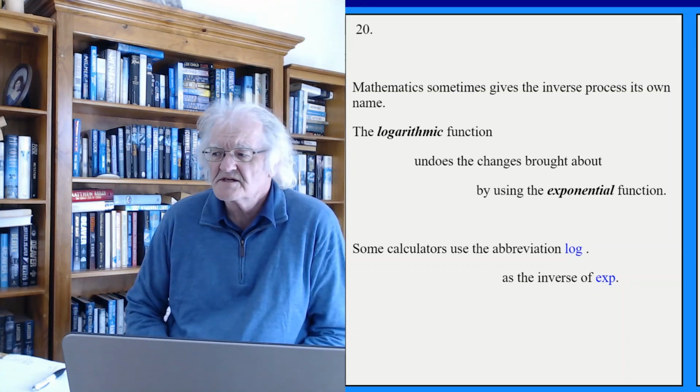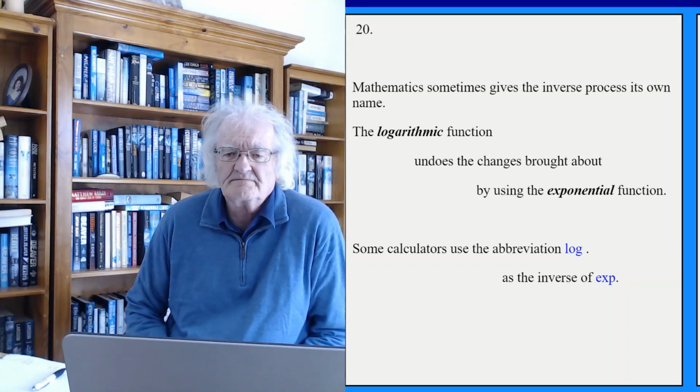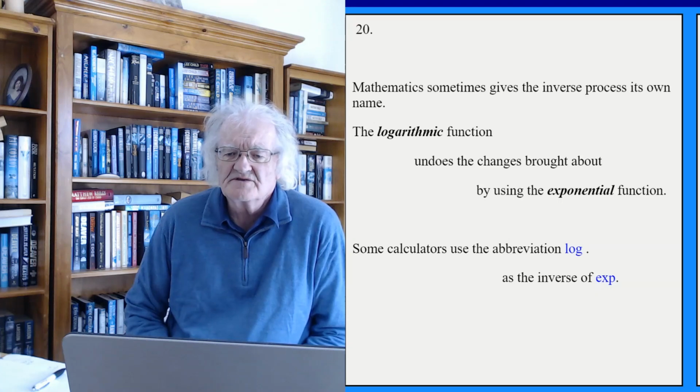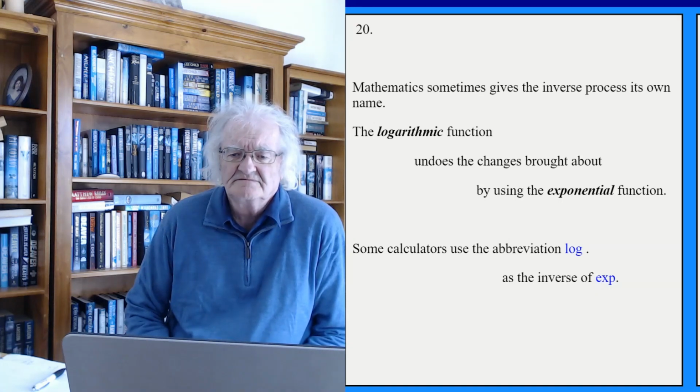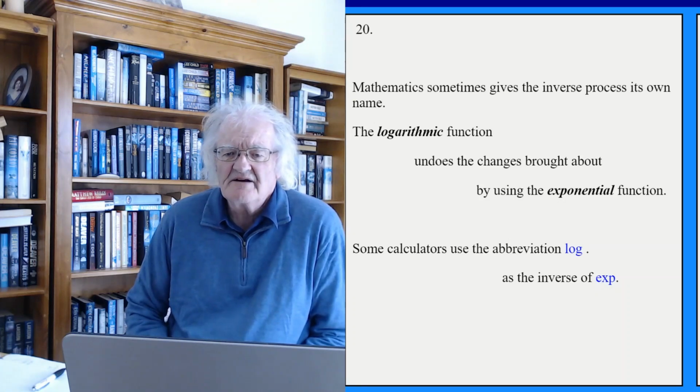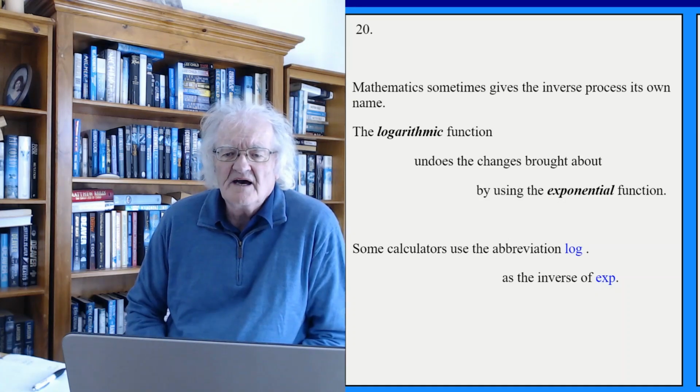Mathematics sometimes gives the inverse process its own name. The logarithmic function undoes the changes brought about by using the exponential function. Logarithmic and exponential are inverses. One undoes the other.